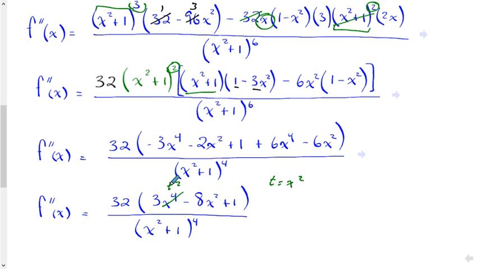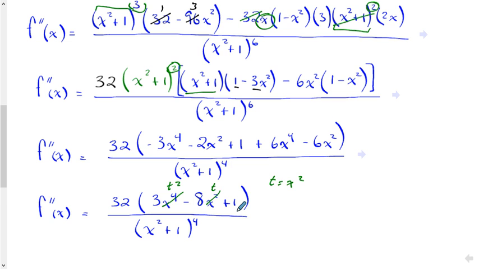So I have 3t squared minus 8t plus 1. So it's a quadratic. Is it factorable? Nope. Can I use the quadratic formula? Why, yes, I can. So that's what I'll do next.